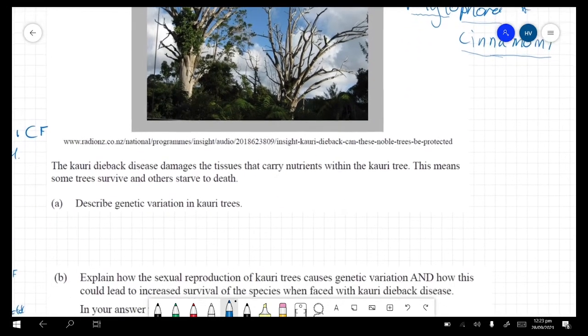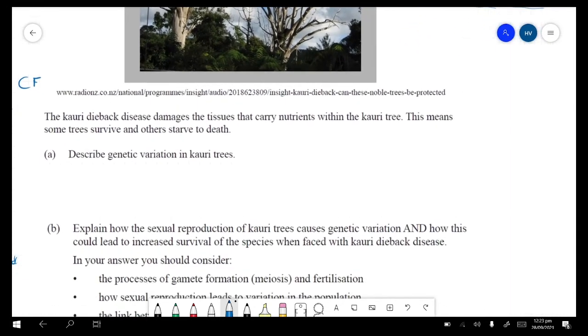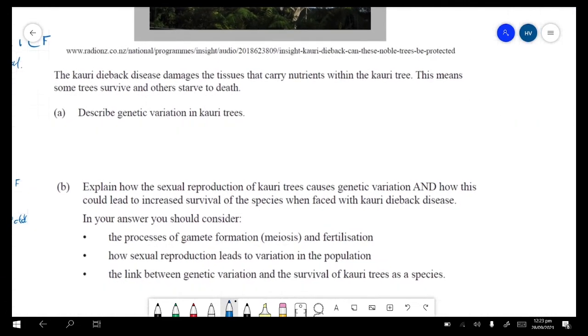Anyway, so kauri dieback disease damages the tissue that carries the nutrients within the kauri tree. This means some trees survive and others starve to death. If you remember back to year 9 when you learned about the xylem and the phloem, and how you get the water all the way to the leaves, and how you get the sugar produced in photosynthesis in leaves to go down.